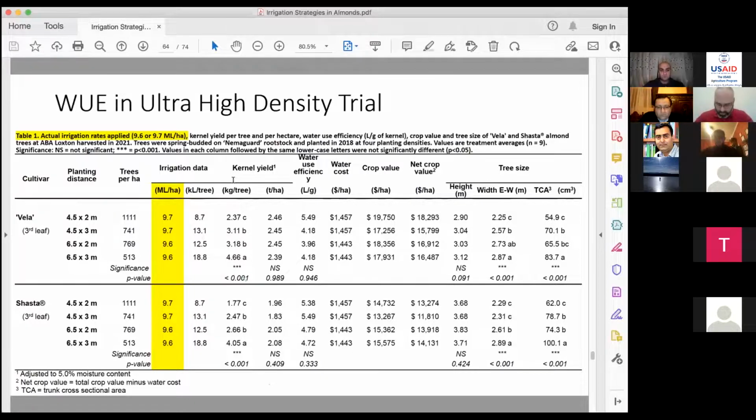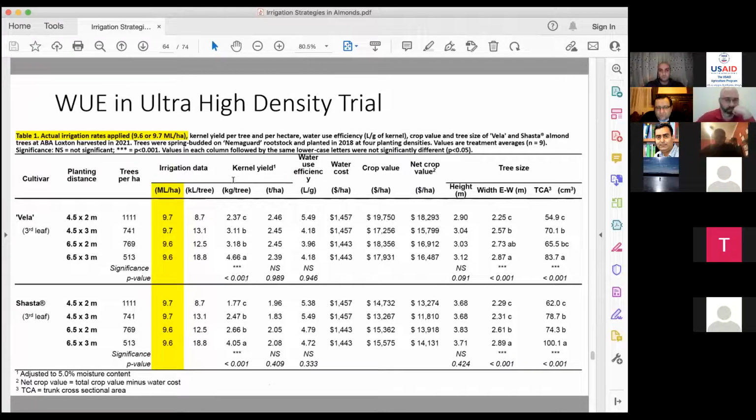Conventional orchards, not high density. Yeah, to elaborate, so the conventional orchard, in this, the treatment planting close to the conventional is 6.5 meters to 3 meters. That is the typical conventional system. And we still have 500 trees per hectare. So that is the conventional system in one of the treatments here, okay?